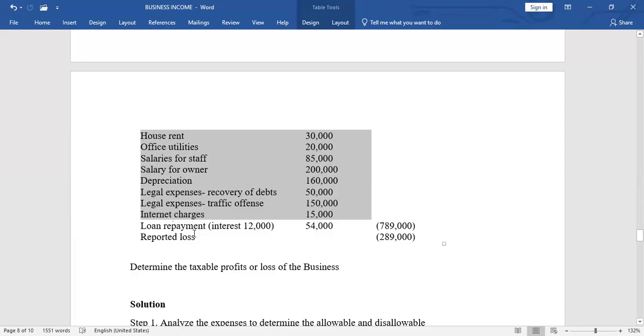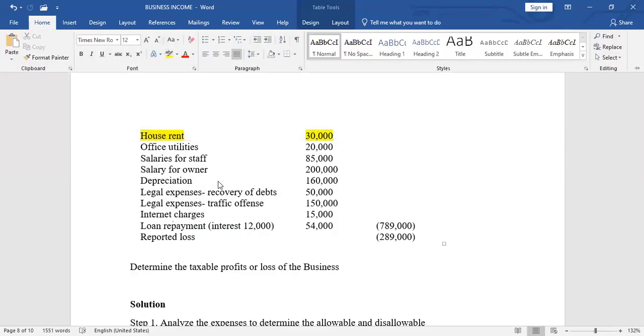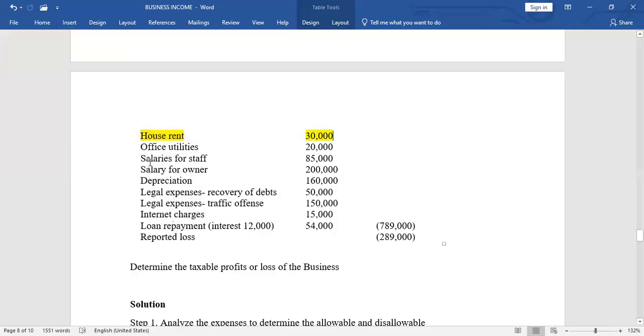Next item. House rent. Reason? It does not help the business in any way, because it is private.